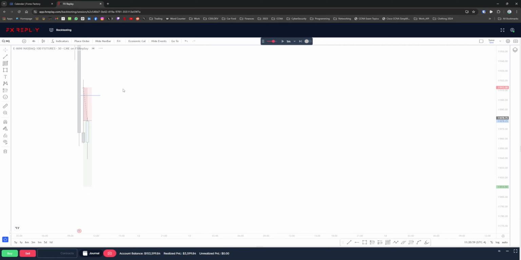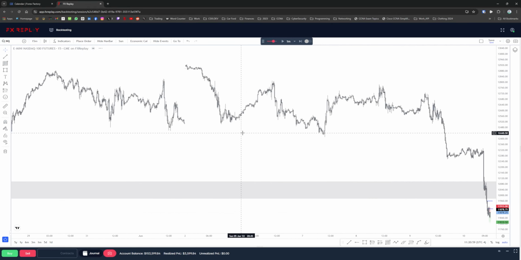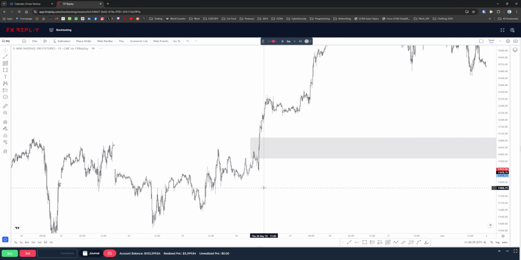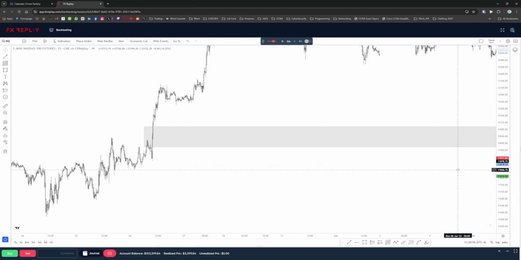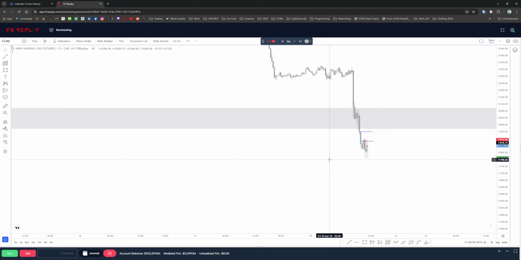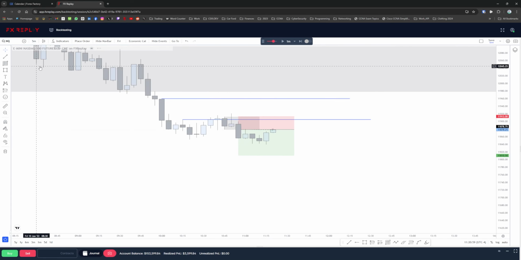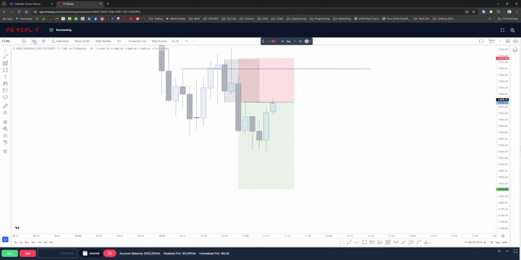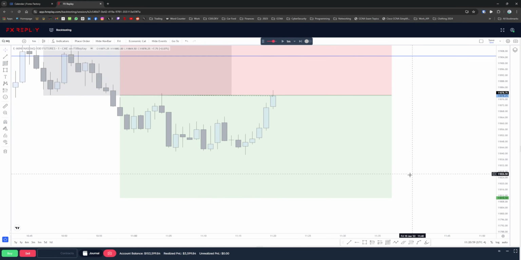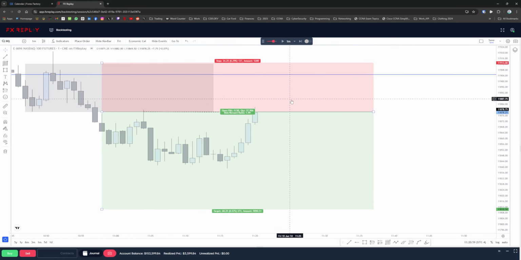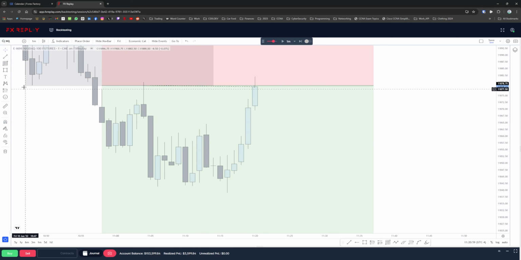Why is it not loading? Don't know what's going on here. Swept to low. I'm gonna leave this on the screen. I think we've missed it.